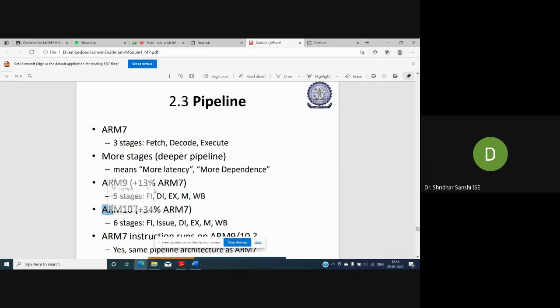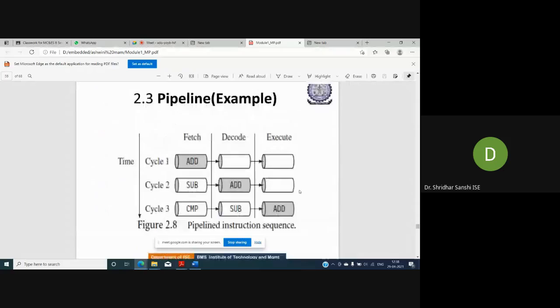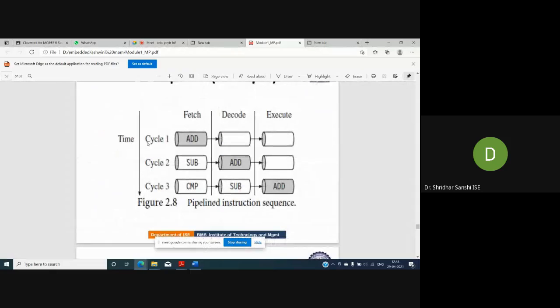Okay, however, there will be more latency. What do you mean by this latency? See here, as the pipeline increases, whenever I'm executing this add instruction, the instruction started execution at this particular time, but it will finish only when it reaches cycle 3.